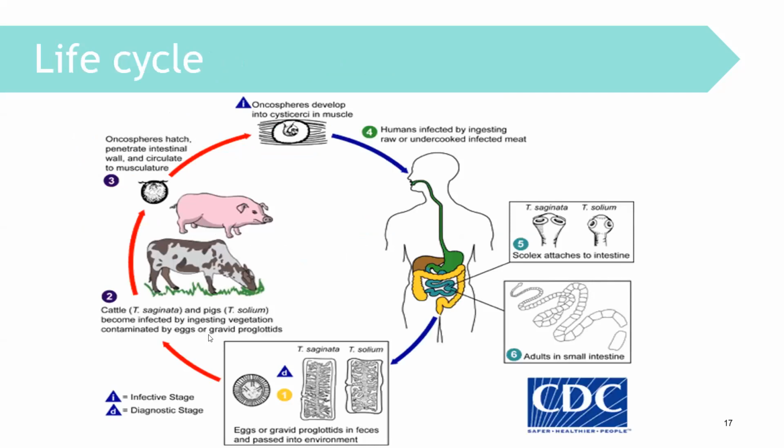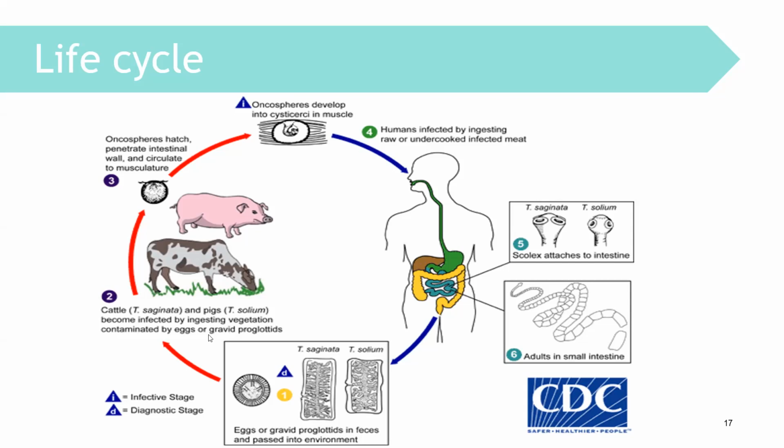In terms of the life cycle, the life cycle of Taenia solium and Taenia saginata are almost the same. They just differ in terms of their intermediate host. The intermediate host of Taenia saginata is the cattle, the cow, no?